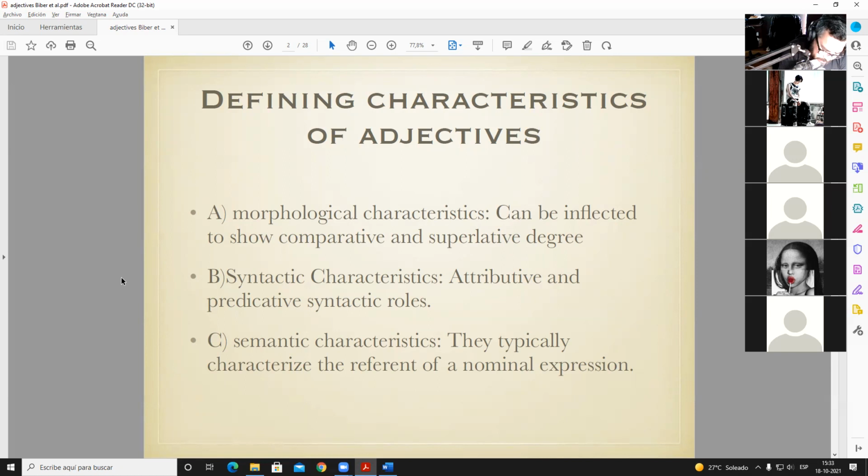Now, the interesting thing is that in order to label an adjective as a central adjective, it must fulfill all these three different requirements. If that adjective doesn't fulfill one of them, then it's called peripheral.